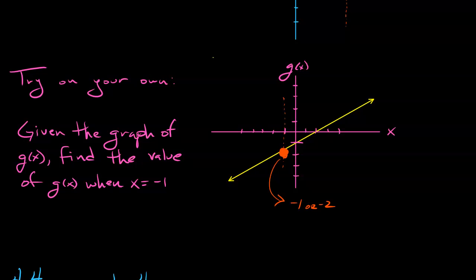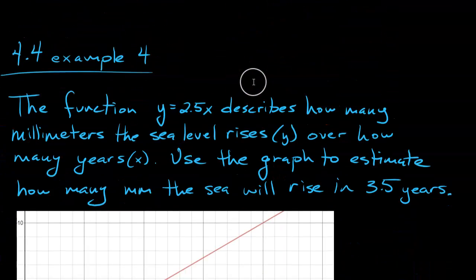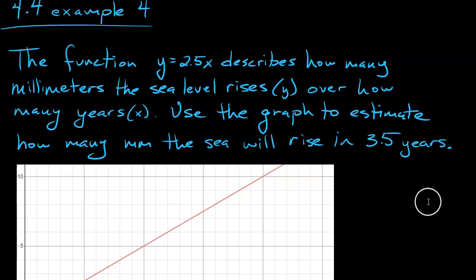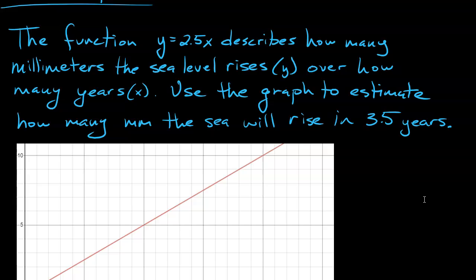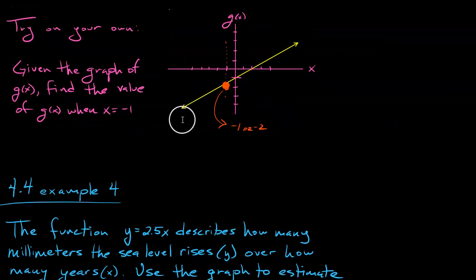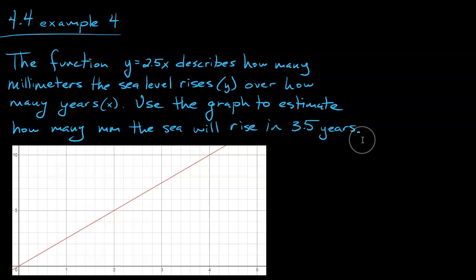Okay, last question, and then we're actually going to be done for the day. It is exactly what we have been doing, but it's a word problem. So it says the function, let's see if I can zoom out a little bit. There, now I can fit the whole problem.